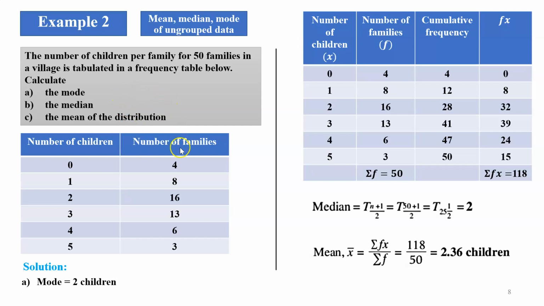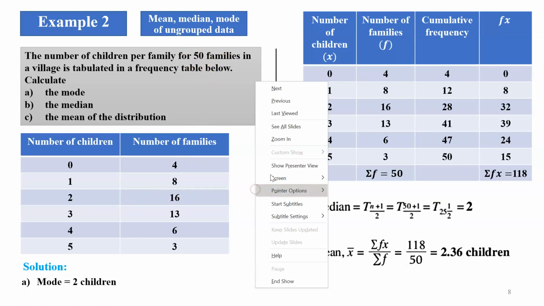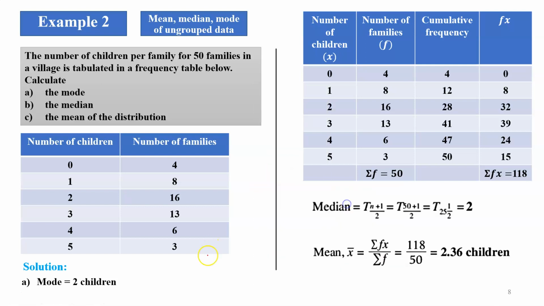How do I know there are 50 families? You need to sum up all of this. The number of children will be your X, and the number of families will be your F, your frequency, your kekerapan.